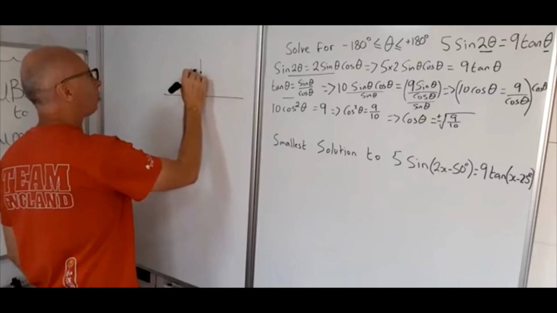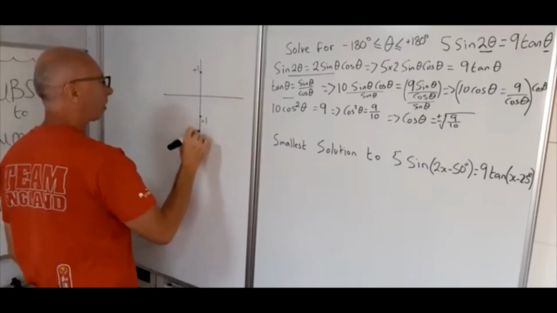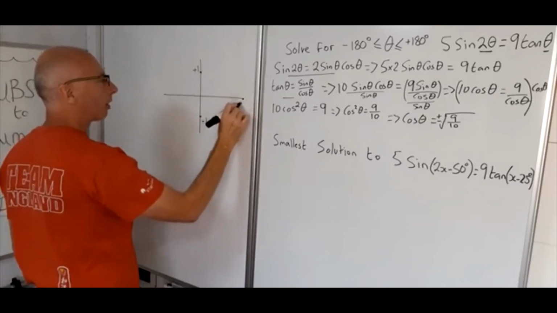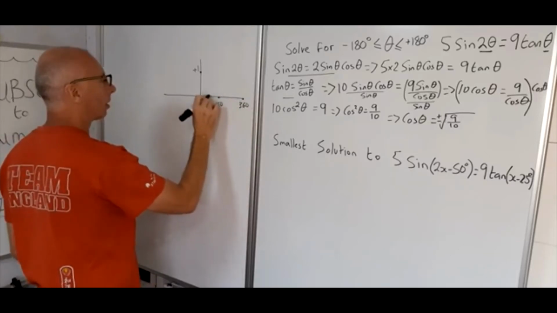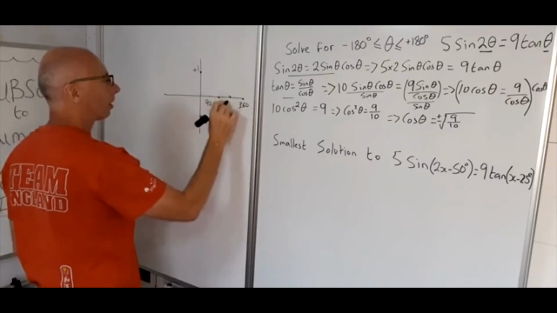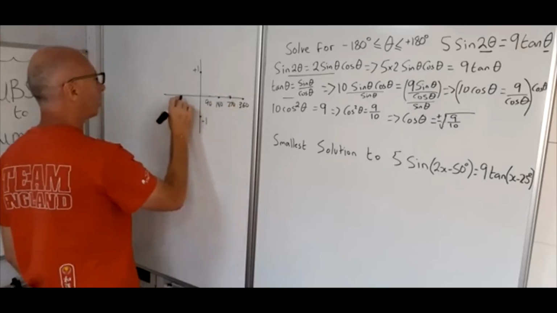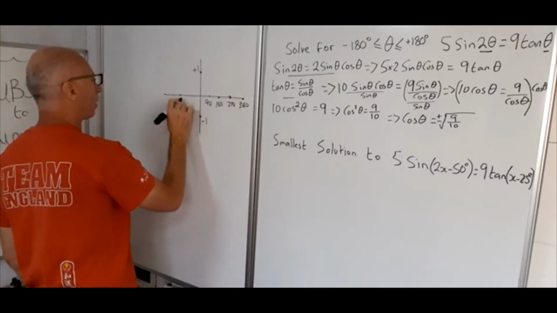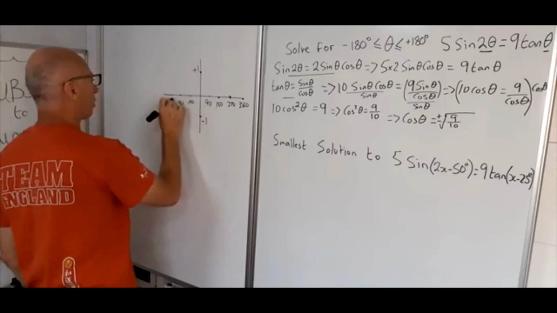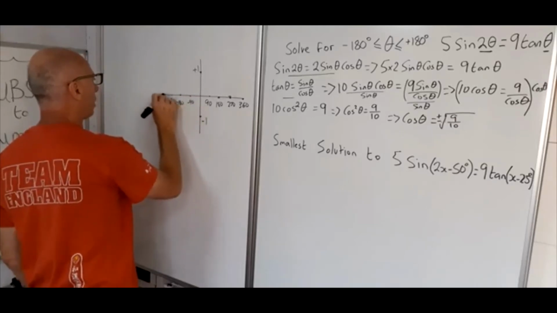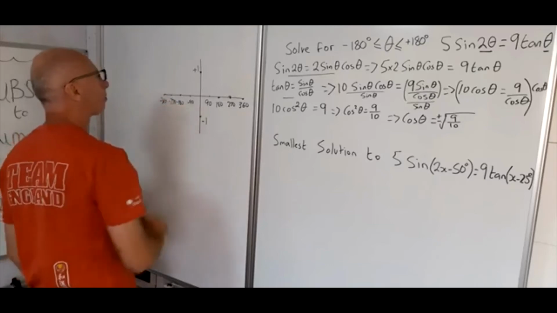So we'd have plus 1 up here, minus 1 here. Here we'd have 360, 180, 90, 270, same here, minus 180, minus 90, minus 270, and minus 360.